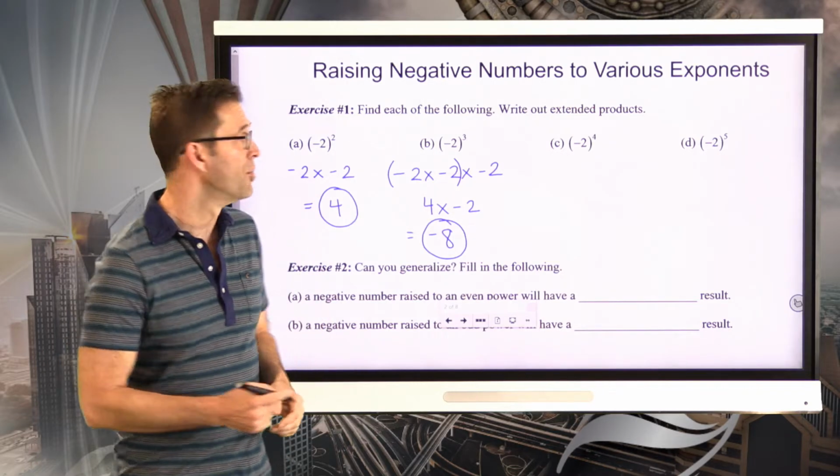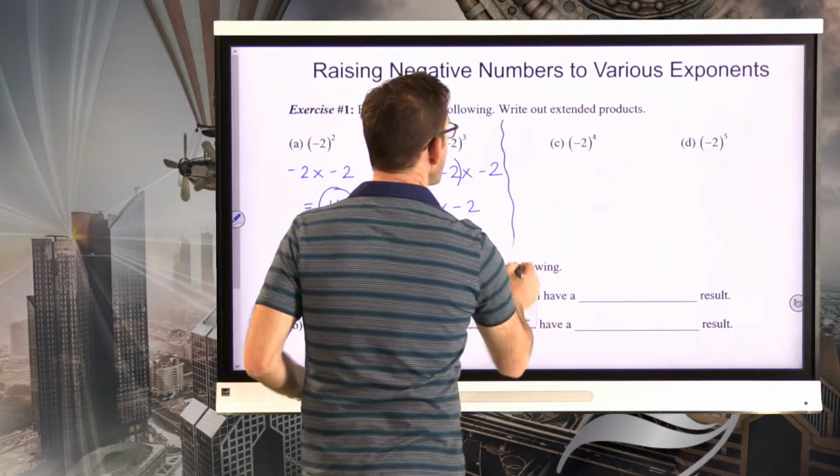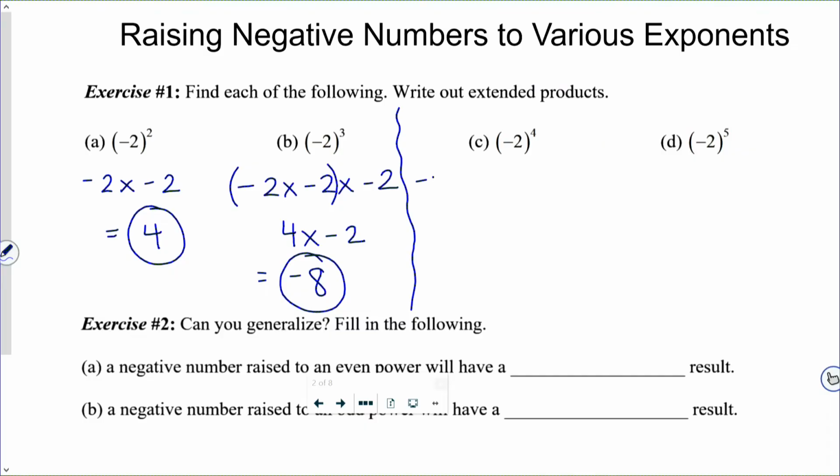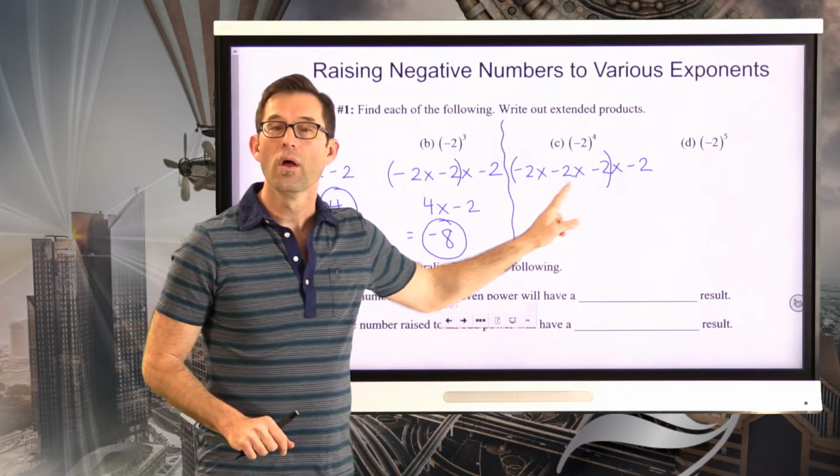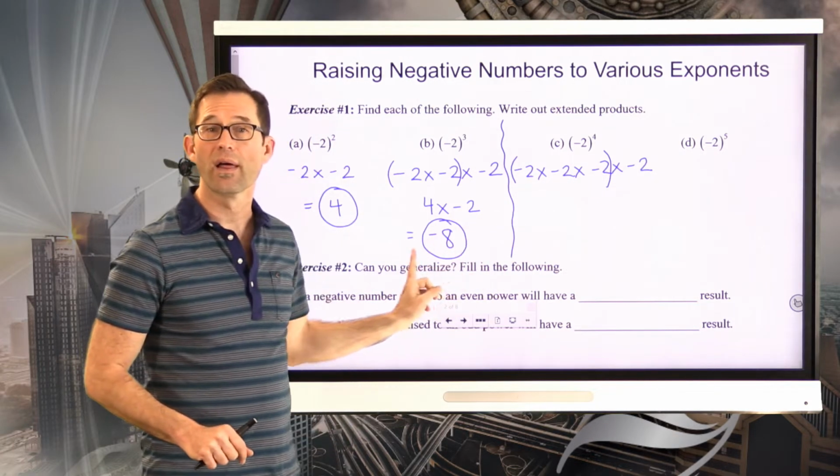All right, let's go through them. Letter C, we have negative 2 to the fourth power, which is going to be negative 2 times negative 2 times negative 2 times negative 2. Now, we can group this in any way we want, but if I group it like this, negative 2 times negative 2 times negative 2, well, that's just what we got in the last problem.